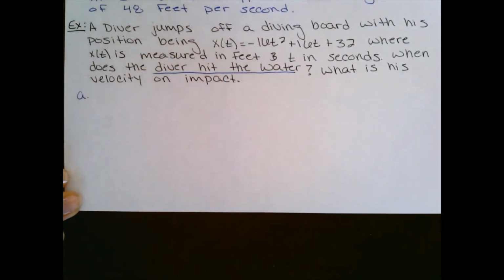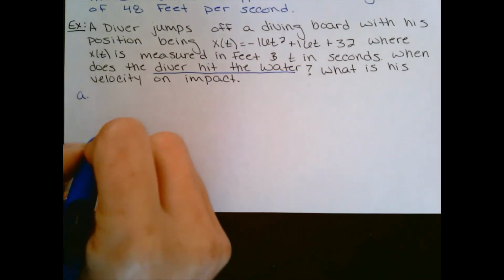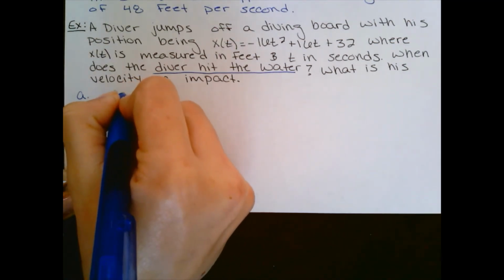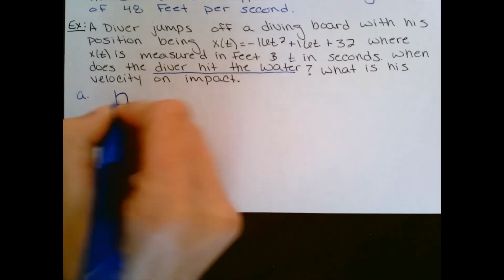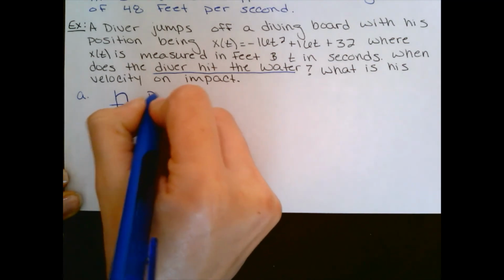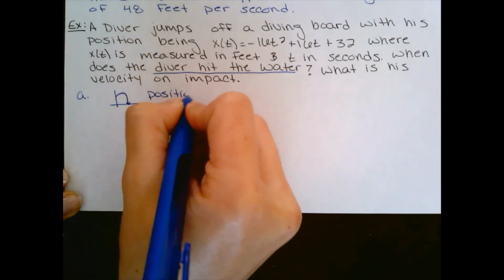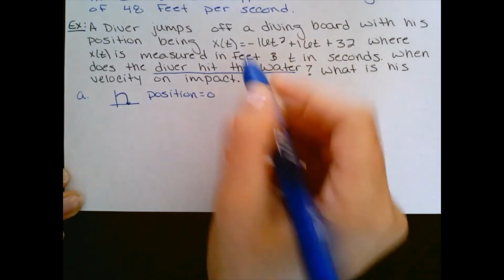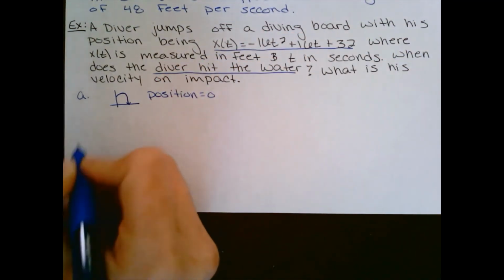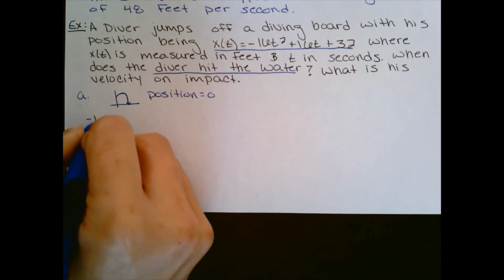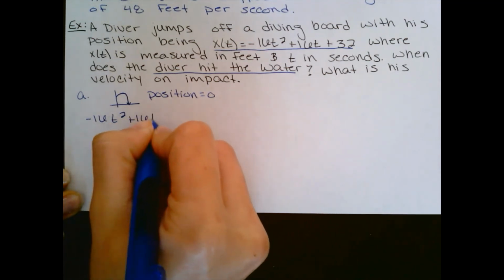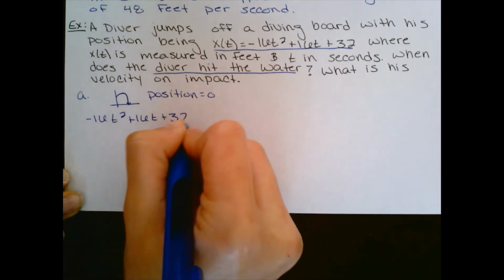If you're thinking of it like a drawing, he jumps off the diving board and then goes into the water. So his y value, his position, is 0. And then they told us that this equation represents his position. So I can say negative 16t squared plus 16t plus 32 equals 0.